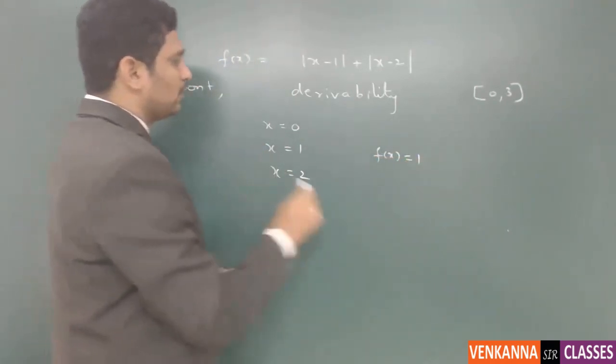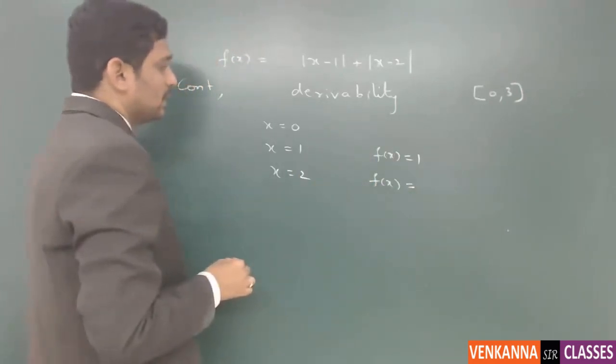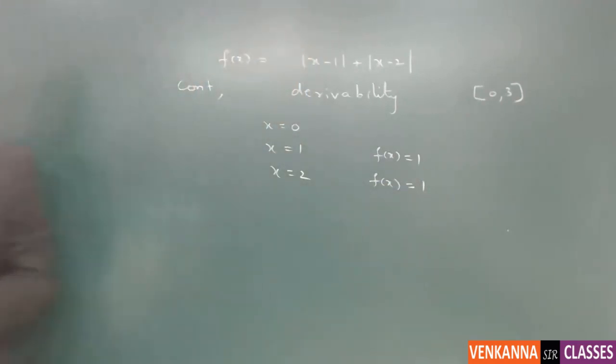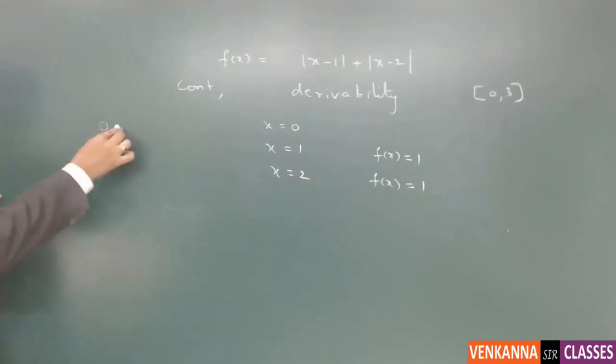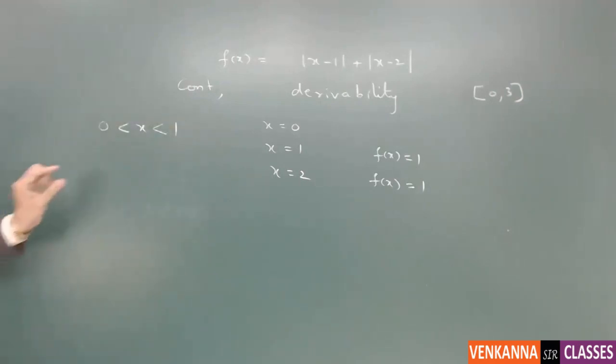If you take x equal to 2, f of x will be 1, right? Now if you take x equal to 0, f of x will be 3, right? Now if you take the value of x which is lying between 0 and 1, what could be the function value?